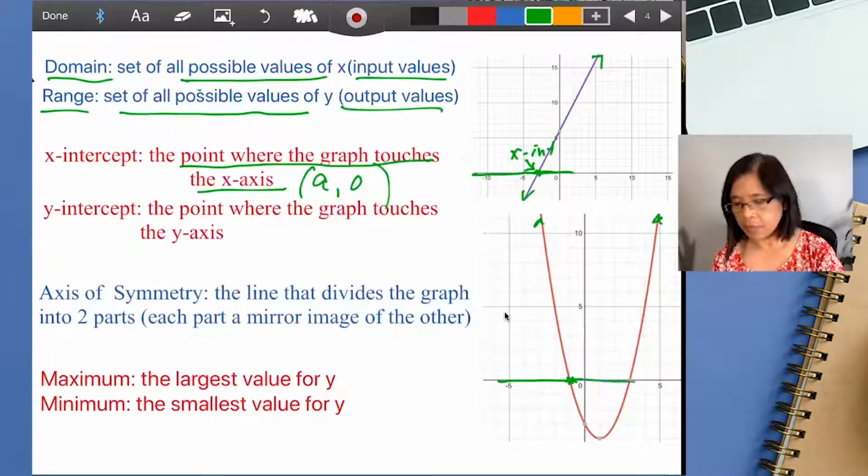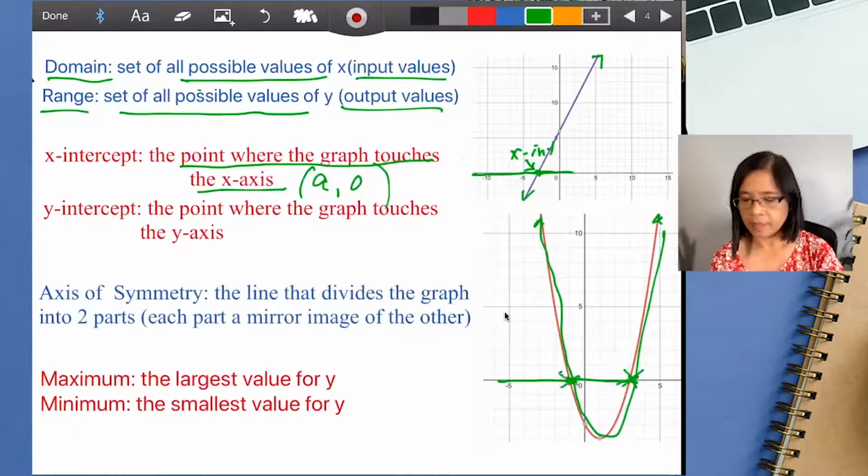And if we continue, there's another x-intercept for this graph. That's how you find the x-intercept for a given graph. And the interpretation is, these are the points where the graph and the x-axis intersect.